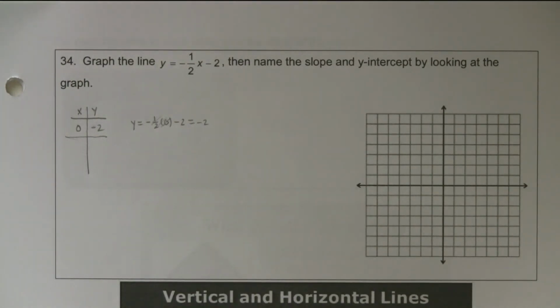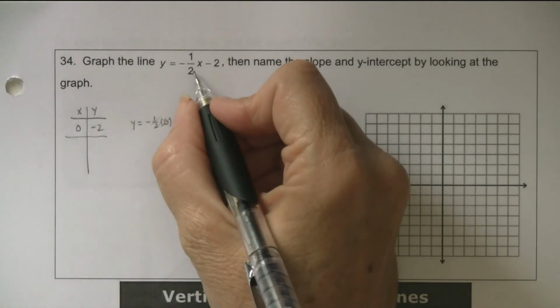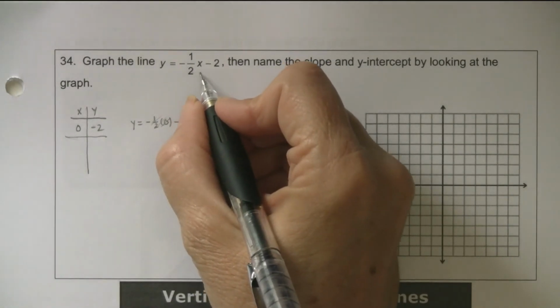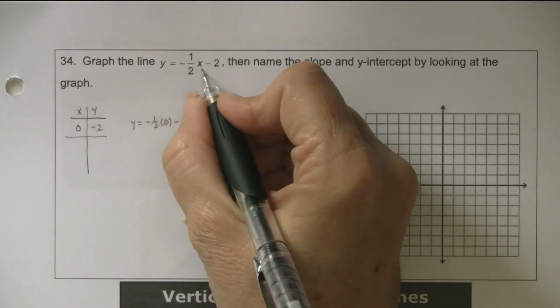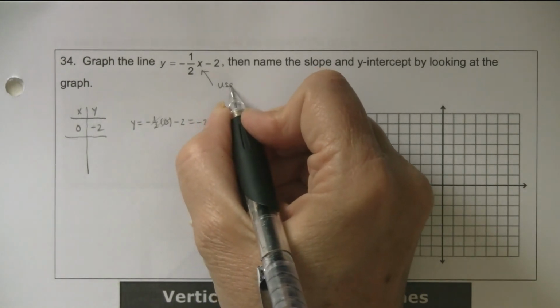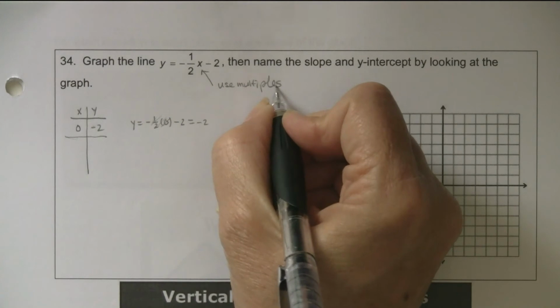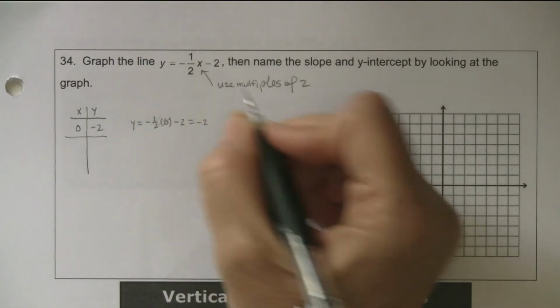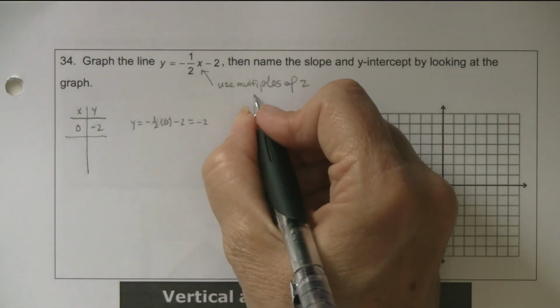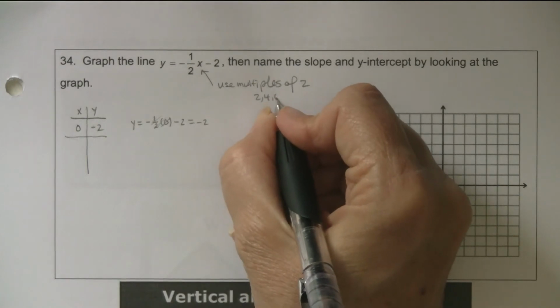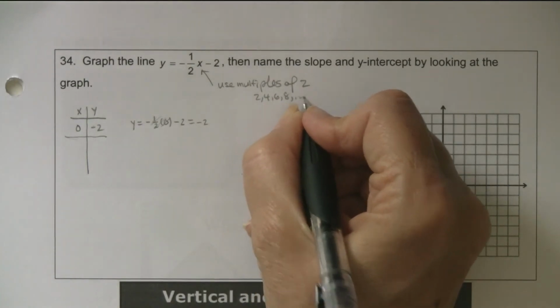Because it's got a fraction, the best thing to do is to use multiples of 2, the denominator, for x. The multiples of 2 are 2, 4, 6, 8, on it goes.